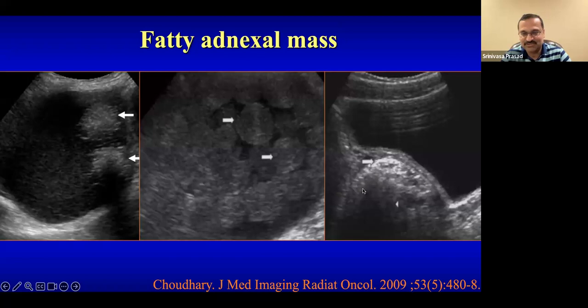And one of the common things is the tip of the iceberg, that some of these tumors were mischaracterized as bowel gas. So it's important to consider that whenever you see an echogenic mass with distal acoustic shadowing, mature teratoma is something that needs to be considered.